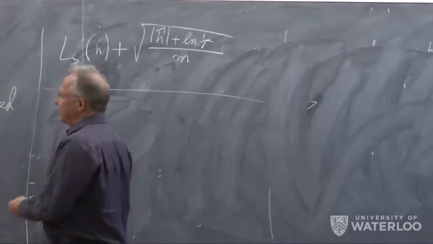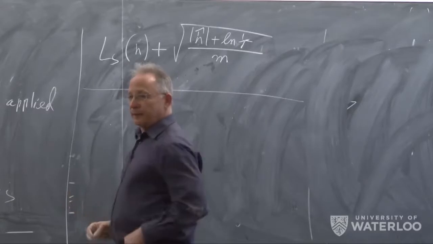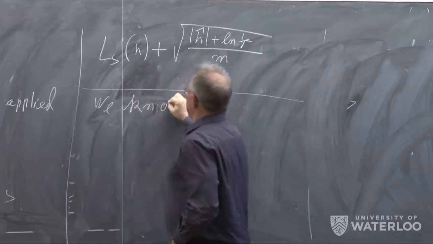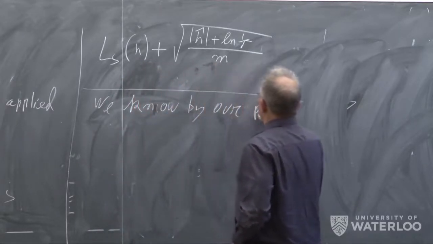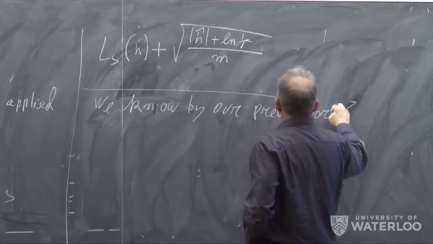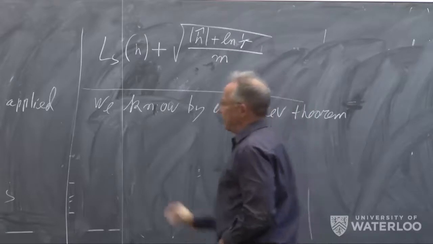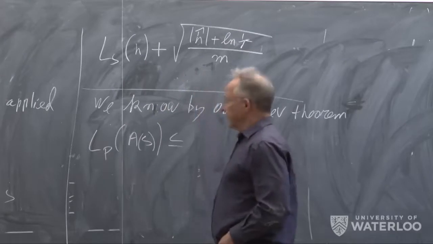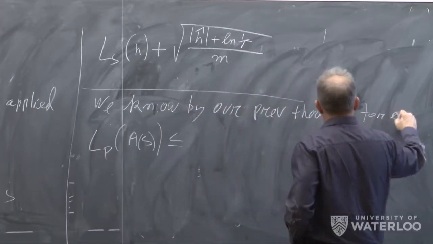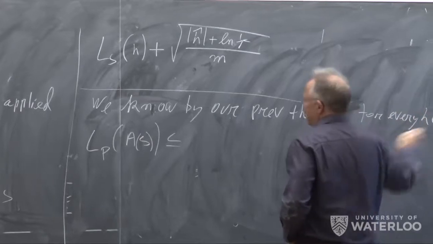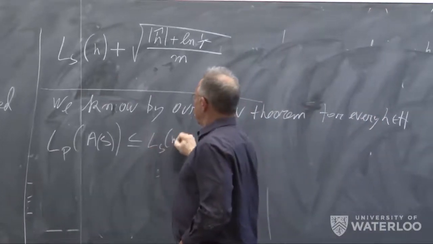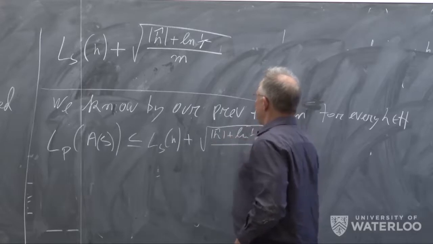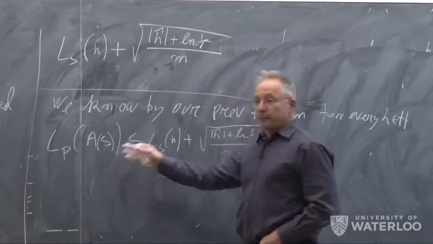And we also have a guarantee, by our previous theorem, that the loss of this A of S is going to be at most, for every h in H, bounded by LS of h plus the square root of the description length of h plus ln 1 over delta, divided by m. That's what we proved.